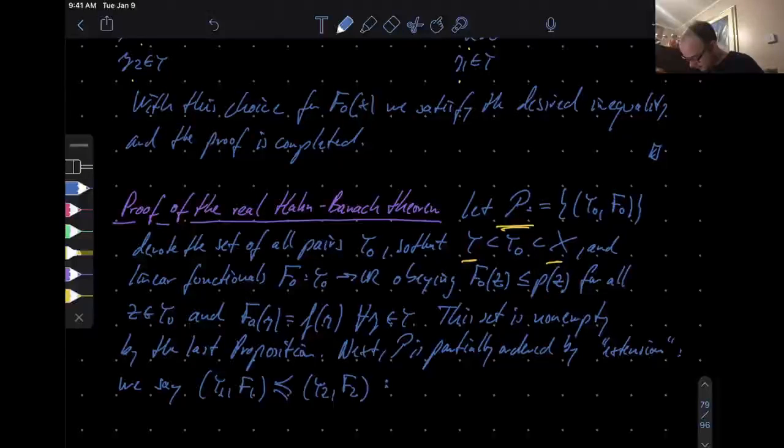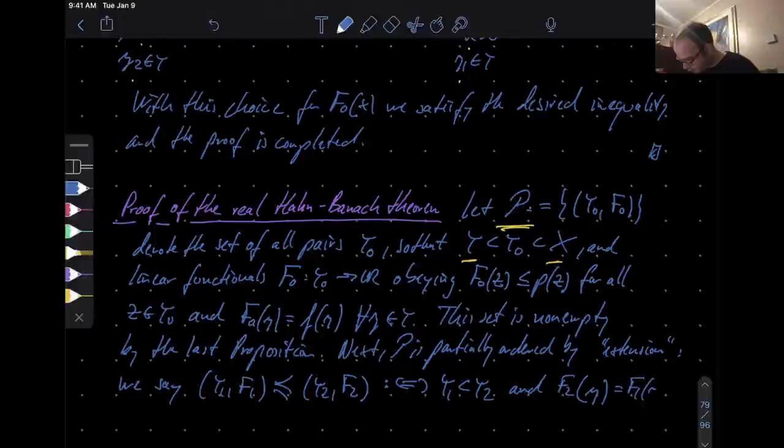This is by definition if and only if y1 is a subset of y2. That makes sense because you want to extend your subspaces. So one should be contained in the other, and the functional on the bigger one, y2, reproduces the one on the smaller one once you are in the smaller one. So f2(y) is equal to f1(y) when y is in y1.